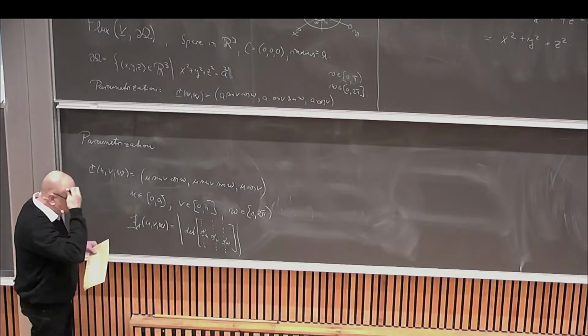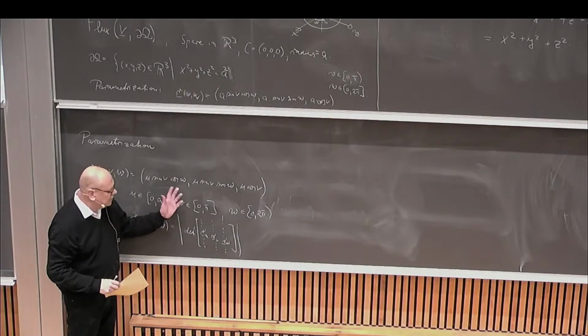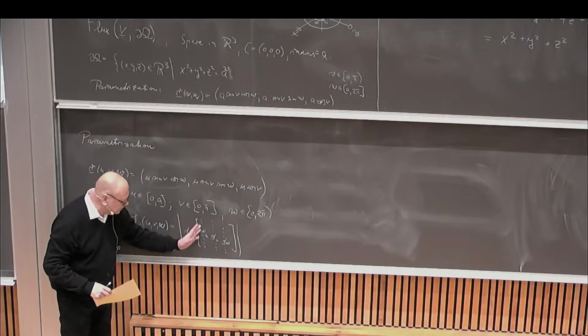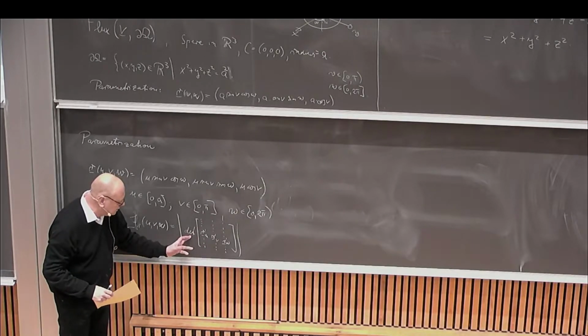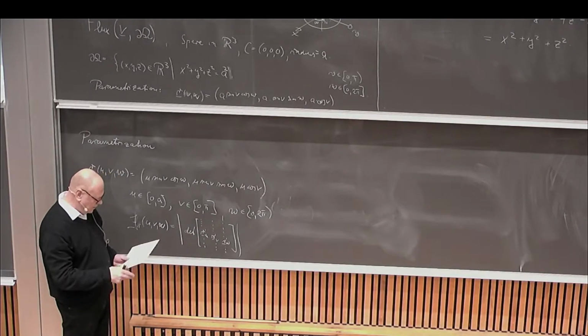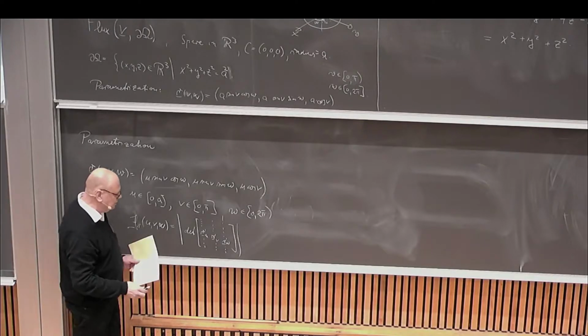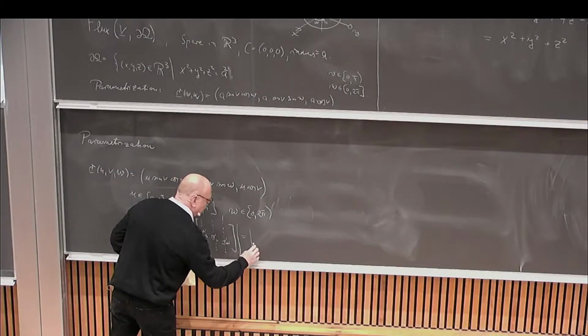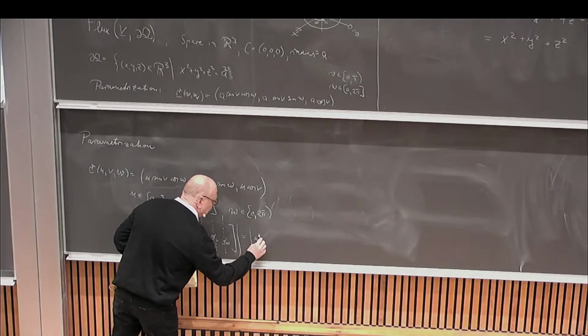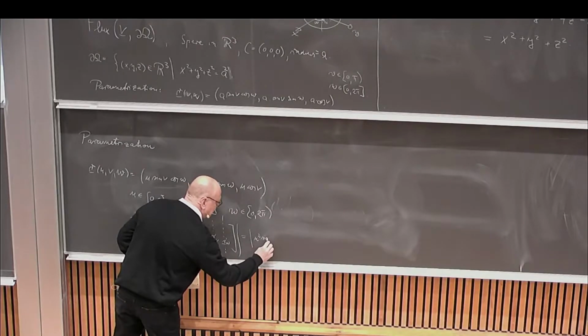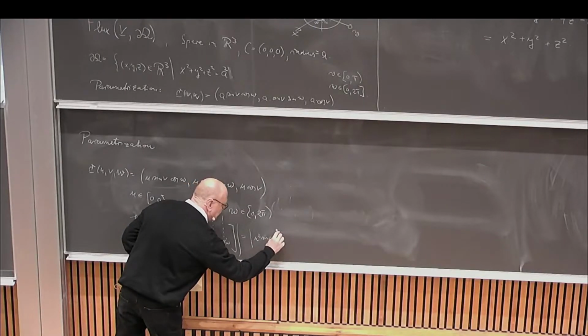You take this parametric representation, take the determinant, and then take the numerical value, and you end up with u squared times sine v.